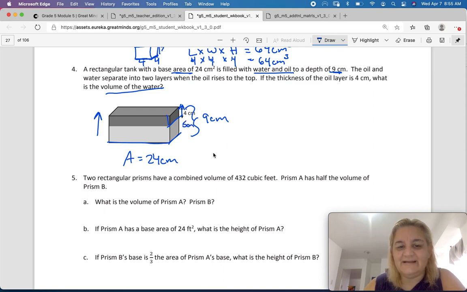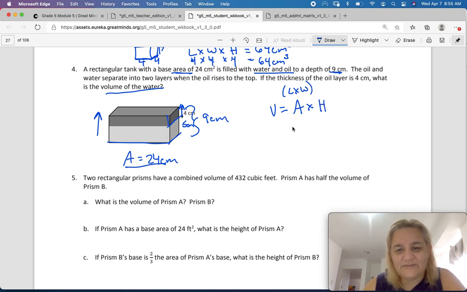5 plus 4. Now we can find out volume equals length times width, or area times height, okay? And you know that that's length times width.